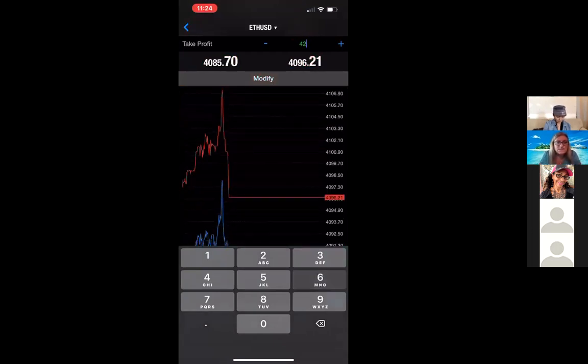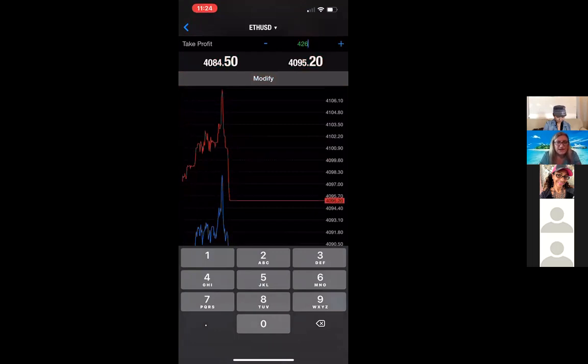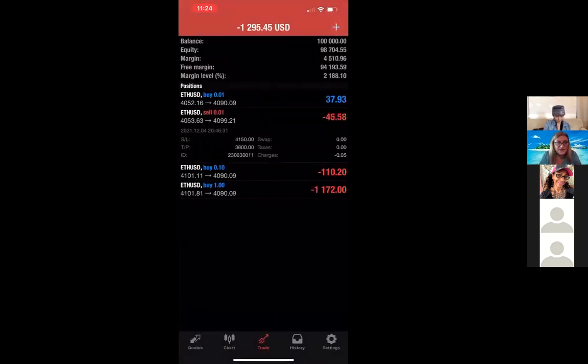So sometimes if you know you want to get into a trade and you don't know what your stop loss and your take profit is right in the moment, you need a minute to calculate it, you can put the trade in and then go back and put your stop loss in to protect your account and put your target in that you want to have. So do the same thing for the dollar trade.